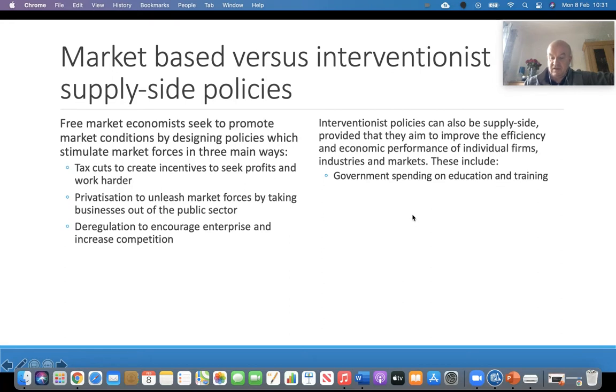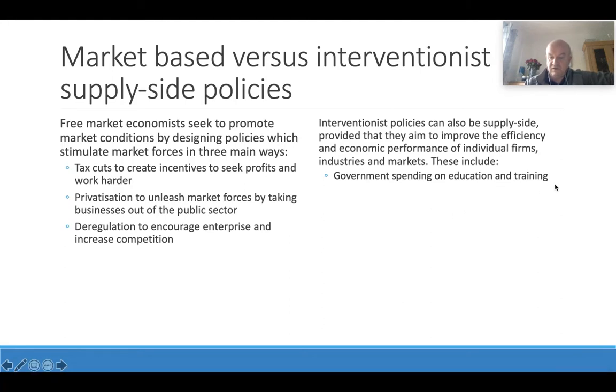So things that they can include, first and foremost, government spending on education and training. Industrial and regional policy, again, targeting different parts of the country and also different industries in an attempt to try and improve their overall efficiency through supply side measures that the government are actually introducing.